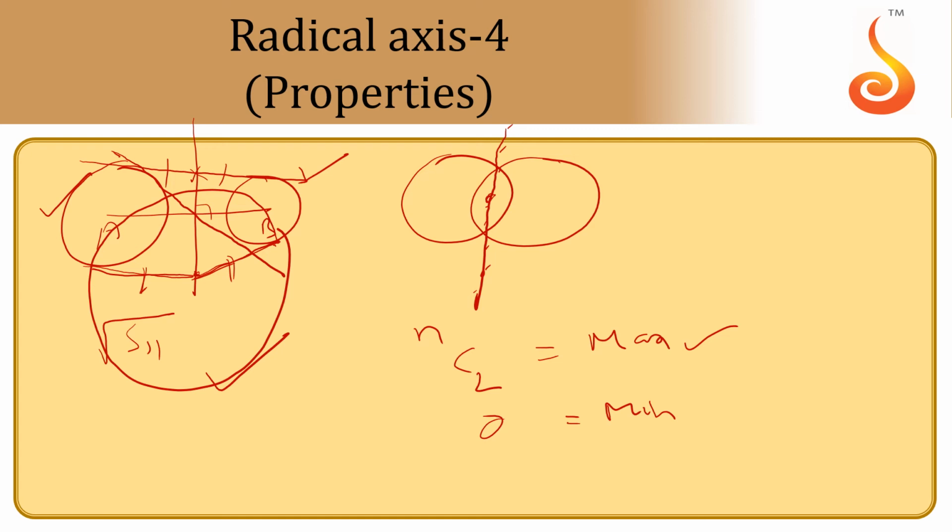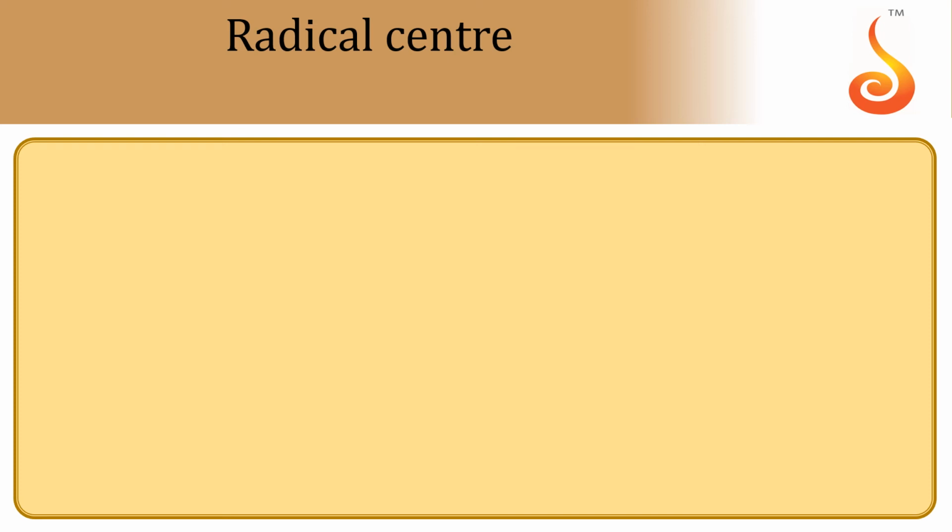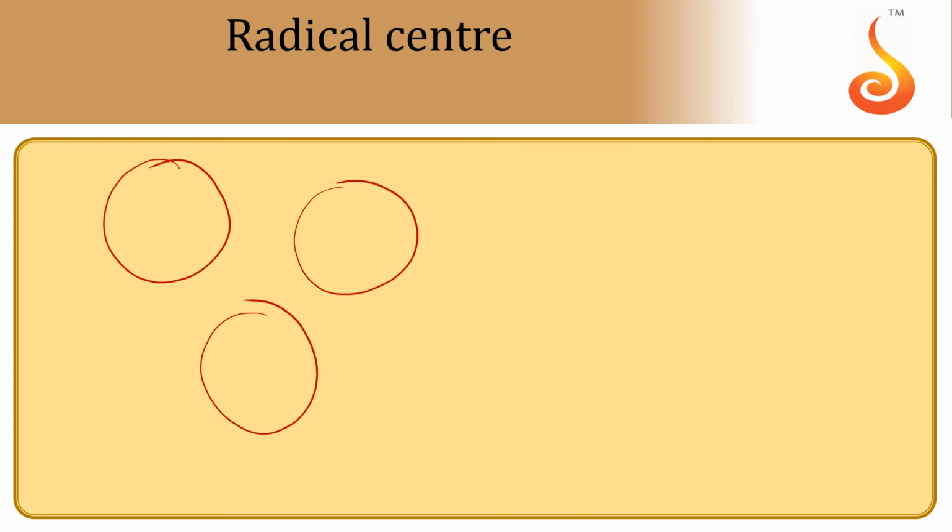Now suppose you have three circles whose centers are non-collinear. When the centers are non-collinear, you can have three radical axes which will be concurrent, and this point of concurrence is called the radical center.